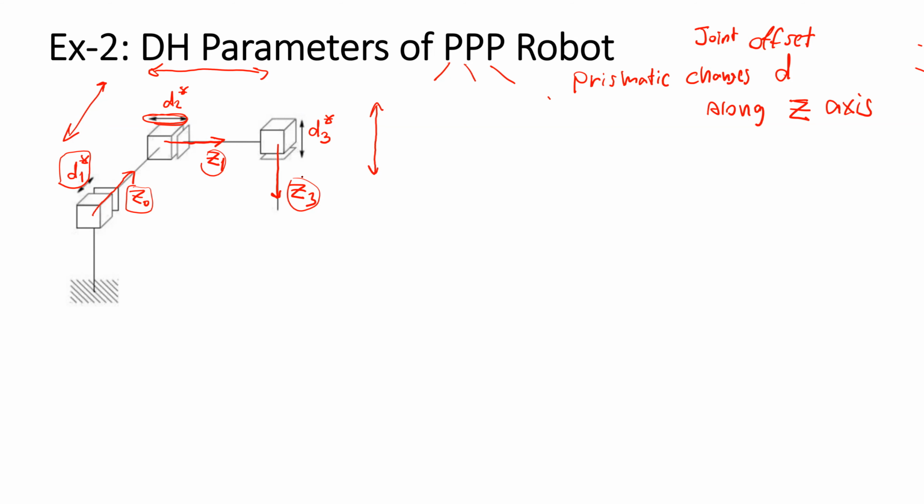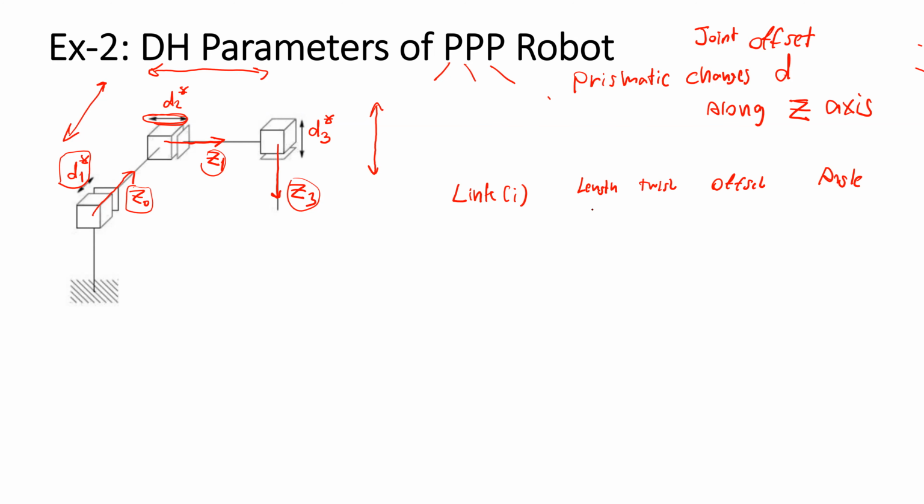The second step, of course, we need to find the base frame, but let's draw the table first. For link i, the parameters are length, twist, offset, and angle.